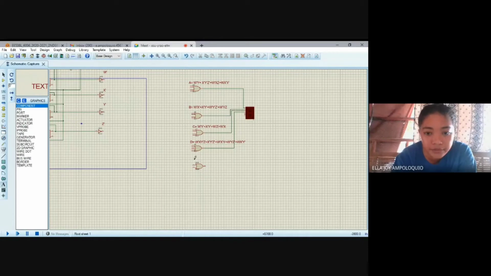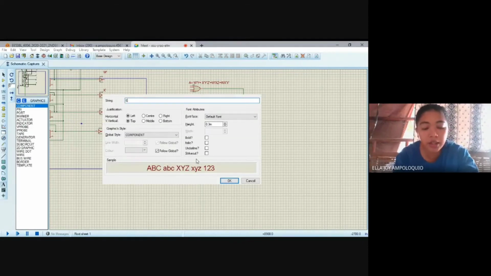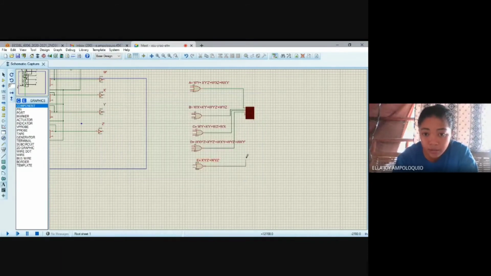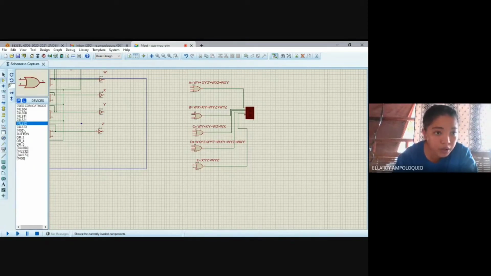For equation E, let's have X prime Y prime Z prime plus W prime Y Z prime. Then I will connect it here. There we have the sixth equation, which has 4 inputs, so I will also use the 4 input OR gate here. Then I will label it.